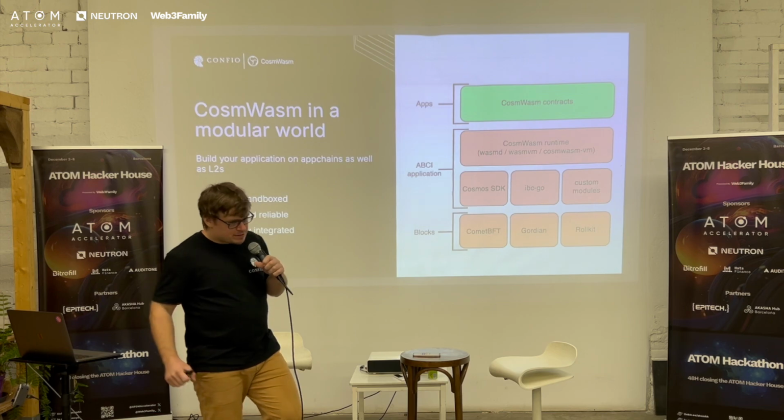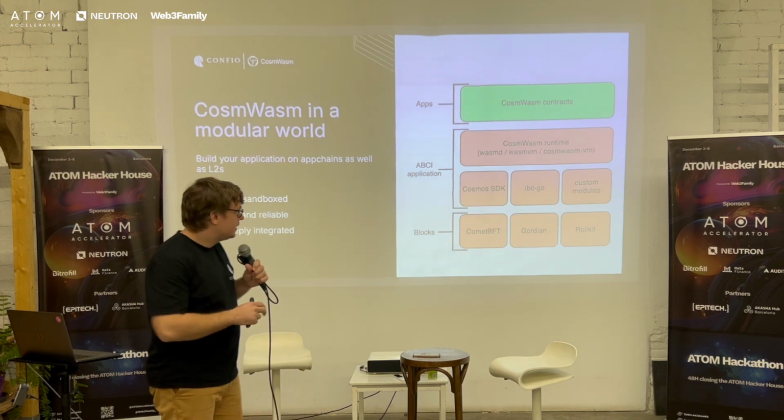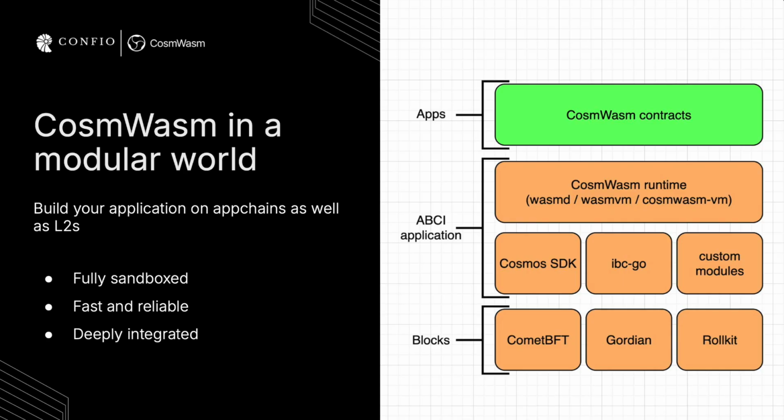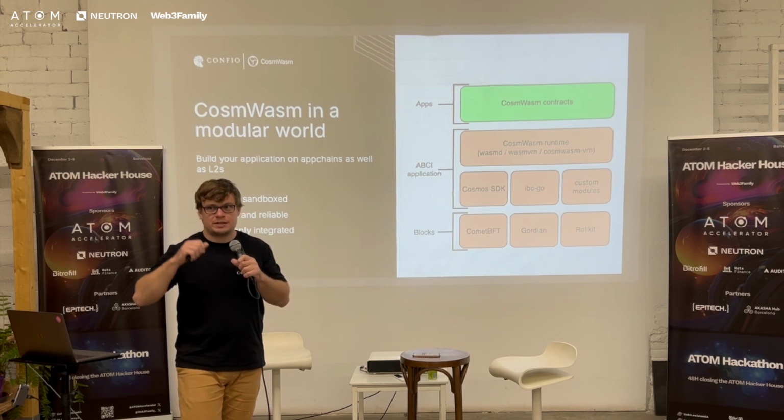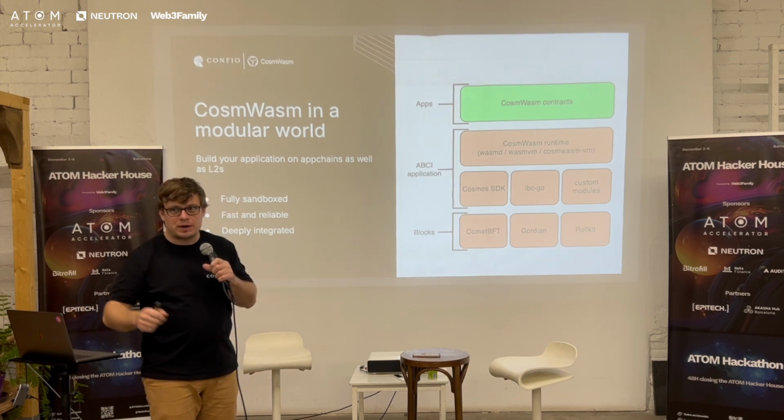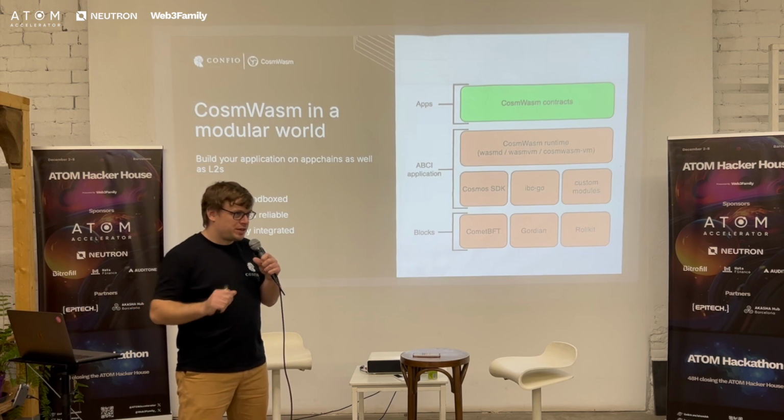So looking at a tiny bit of technical stack details here, where CosmWasm fits in this idea of a modular blockchain setup. The whole Cosmos idea is about building your own custom blockchains and being able to swap out and customize everything you want.